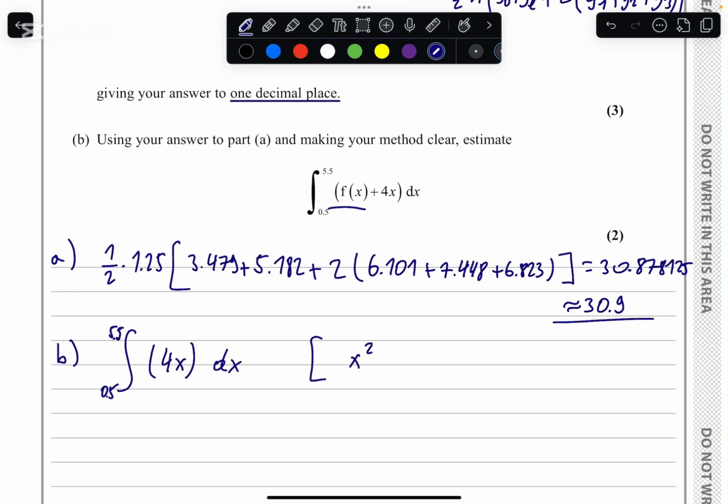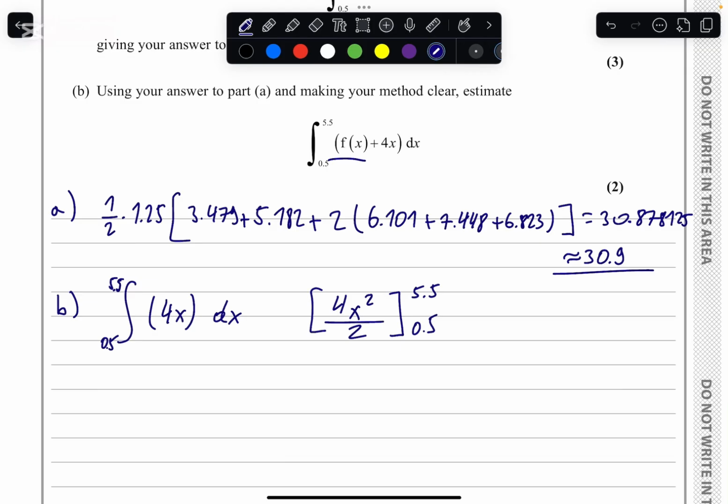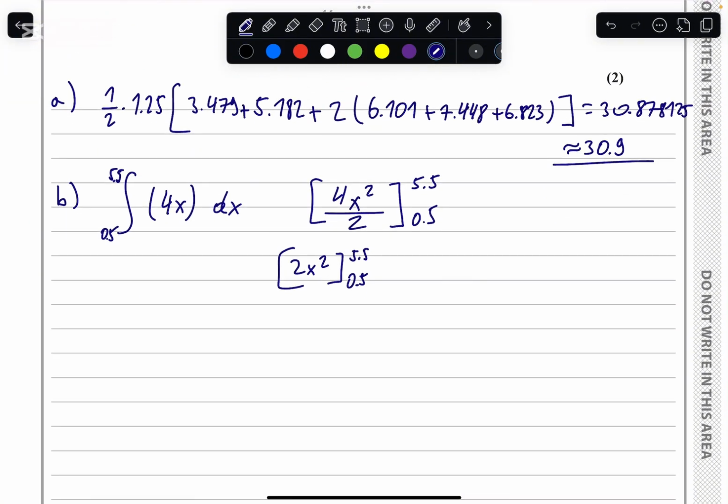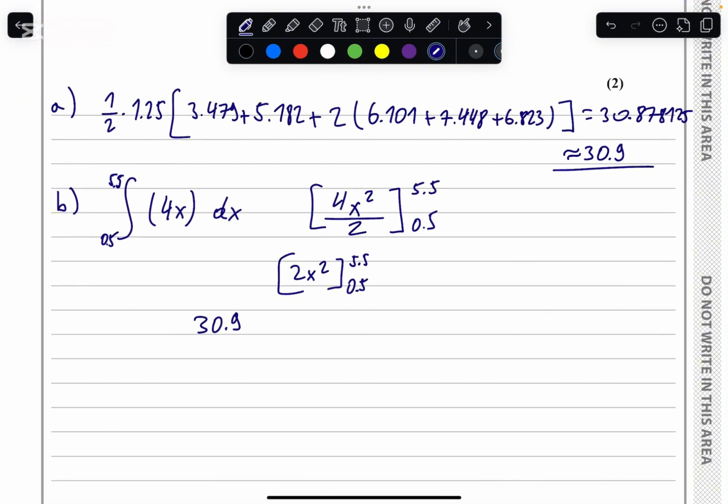You get x squared, and you have a 4, and you divide it by 2, which gives us 2x squared, between 5.5 and 0.5. Then we just need to add all that up, 30.9 plus 2 times 5.5 squared minus 2 times 0.5 squared. And that gives us an answer of 90.9.